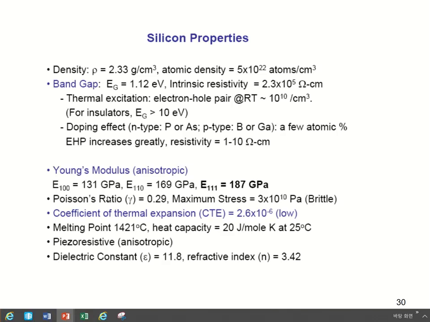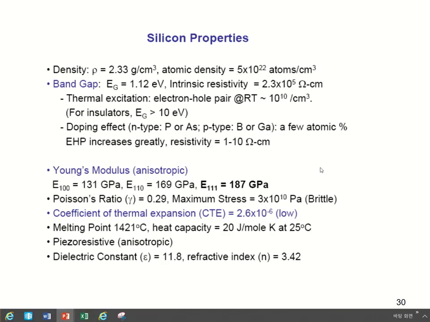The Young's modulus depends on the directionality, because its crystal structure has directionality. In the 100 direction it is 131 gigapascal, and in the 111 direction it is 187 gigapascal. So it has anisotropic properties.